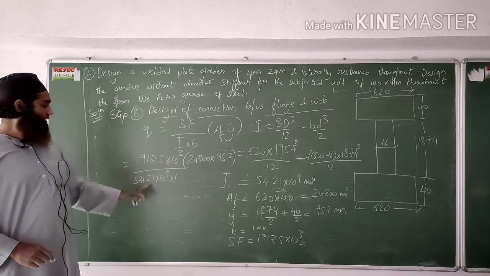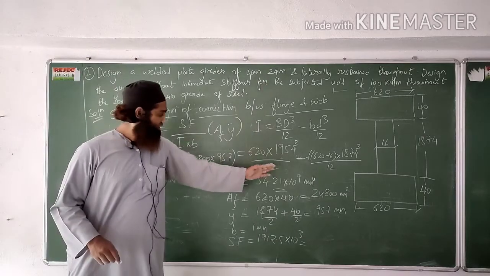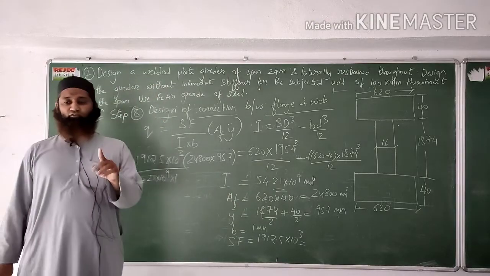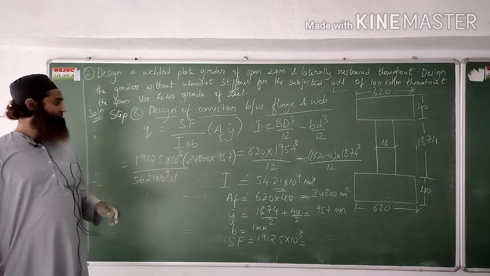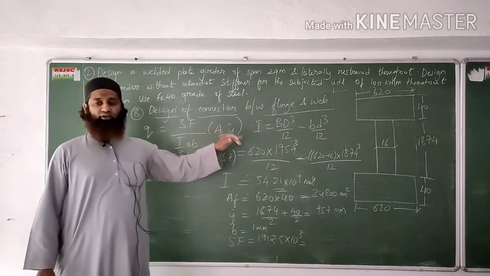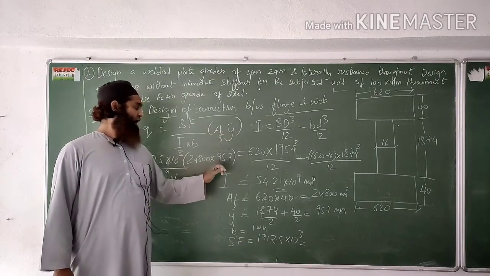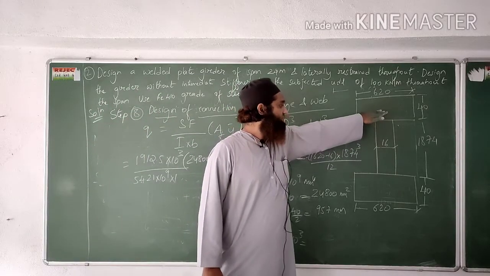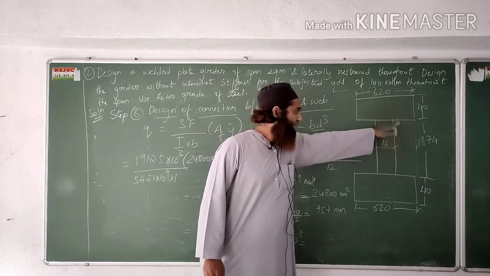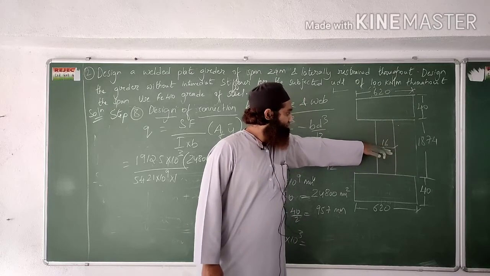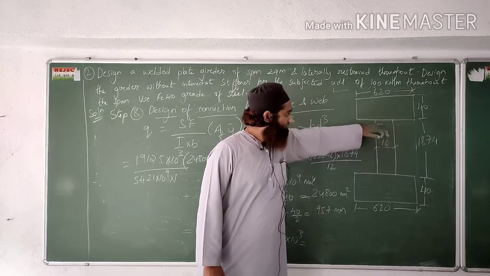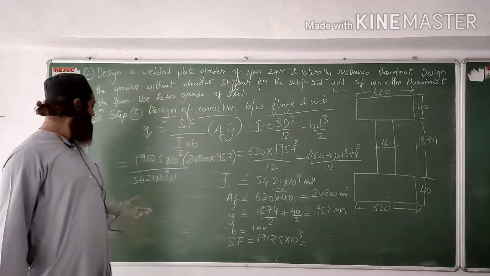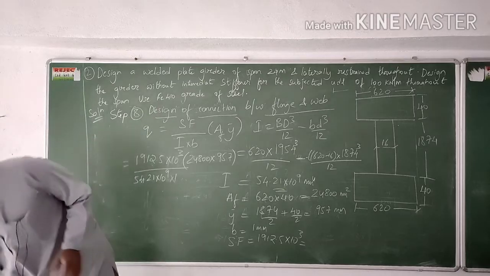I we have calculated from here, 54.21 into 10 to the power of 9. B, remember, we are seeing for 1 mm width. Area of flange is 620 into 40, that is 24800, and Y bar is from the center of the web to the center of the flange. Half of 1874 is 937, from this part to this part, plus 40 by 2, so I have got 957.